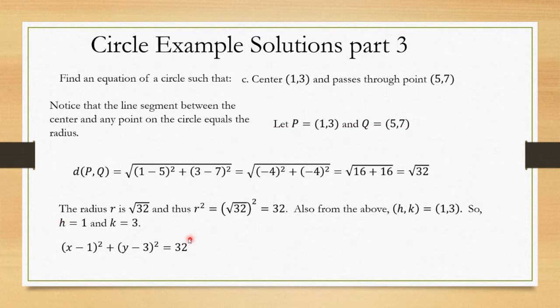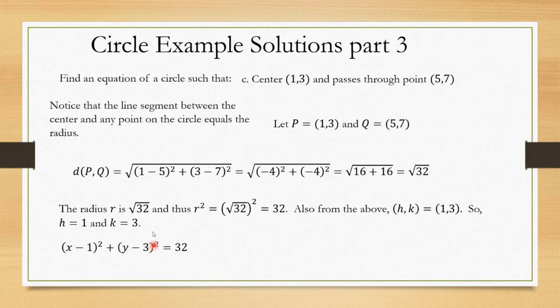So what we end up with is this. Let me say that again. The center is (1, 3). So even before calculating the radius, we have (h, k) equals (1, 3). We would know h would be 1, k would be 3. So you would have (x minus 1) squared, the x coordinate of the center, plus (y minus 3) squared, the y coordinate of the center.